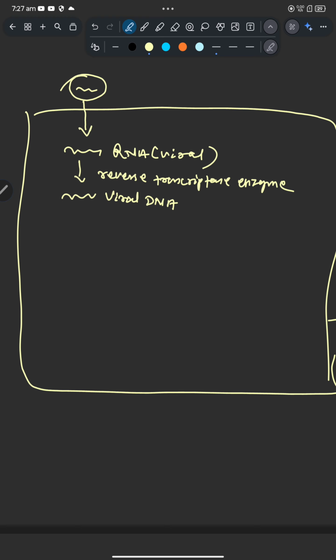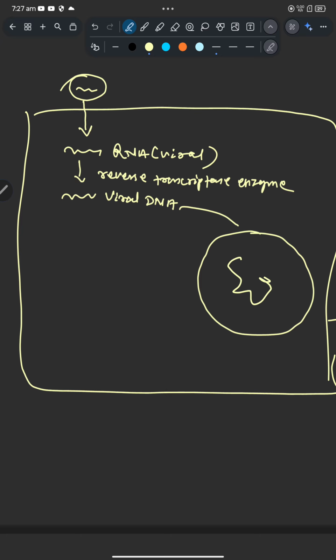Okay, now the host cell is eukaryotic, because HIV infects the human body. So here its own DNA is there. This is the human DNA. Now this viral DNA is incorporated in the host DNA.